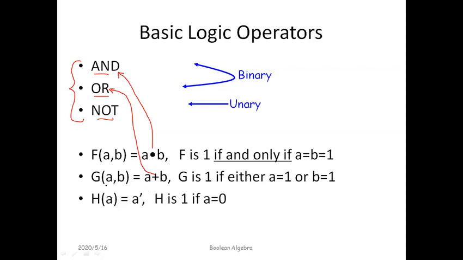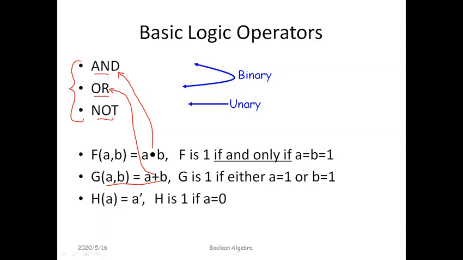So for this expression, the function g is equal to 1 if either a or b is equal to 1. So when one of the two or both are equal to 1, then we are going to have g being equal to 1.